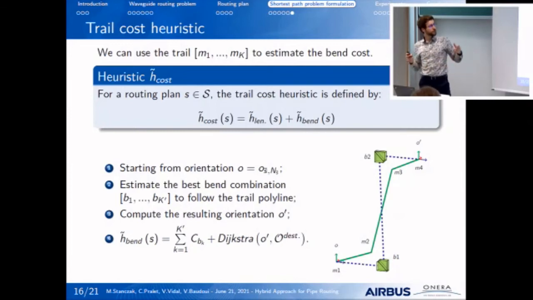To do so, we start from the last orientation of the plan, and we estimate the best band combination to follow the trail. And to estimate the band cost, we use the cost of the band combination plus the cost of the minimal bands to reach a destination orientation from the resulting orientation of the combination.